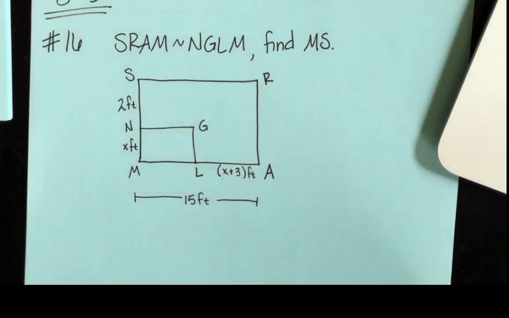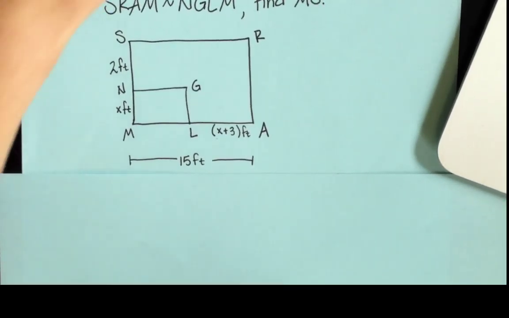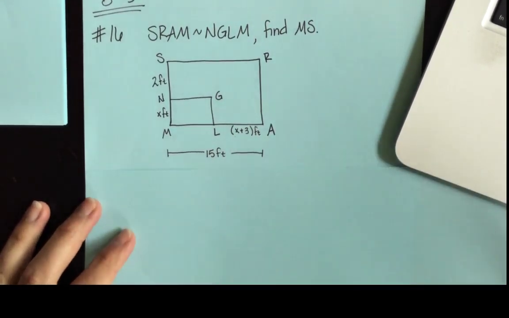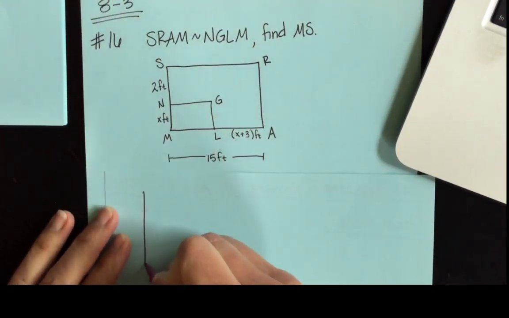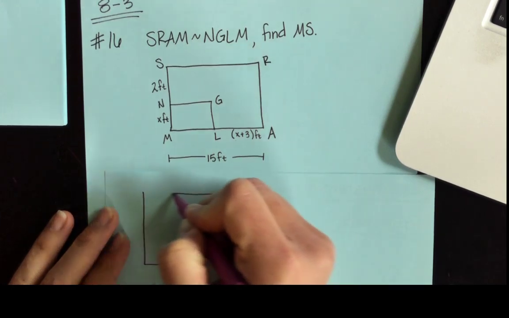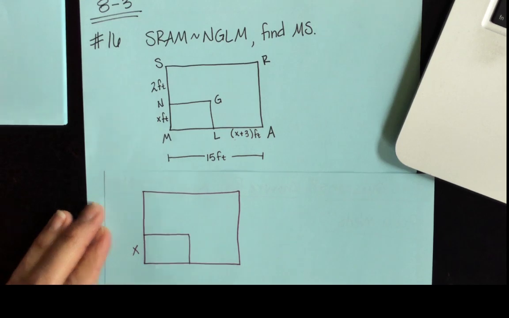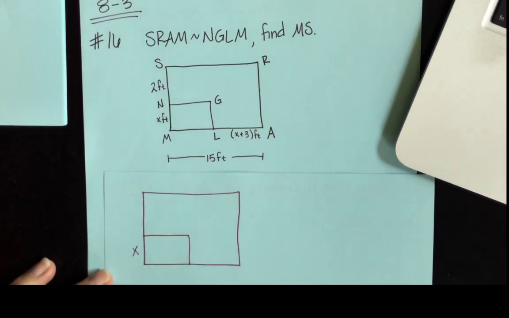So for what we're going to do, I'm going to redo this one. And when I look at separating these two, I want to pay attention to, they did a nice job of giving us this guy as X and the full length here as 15.